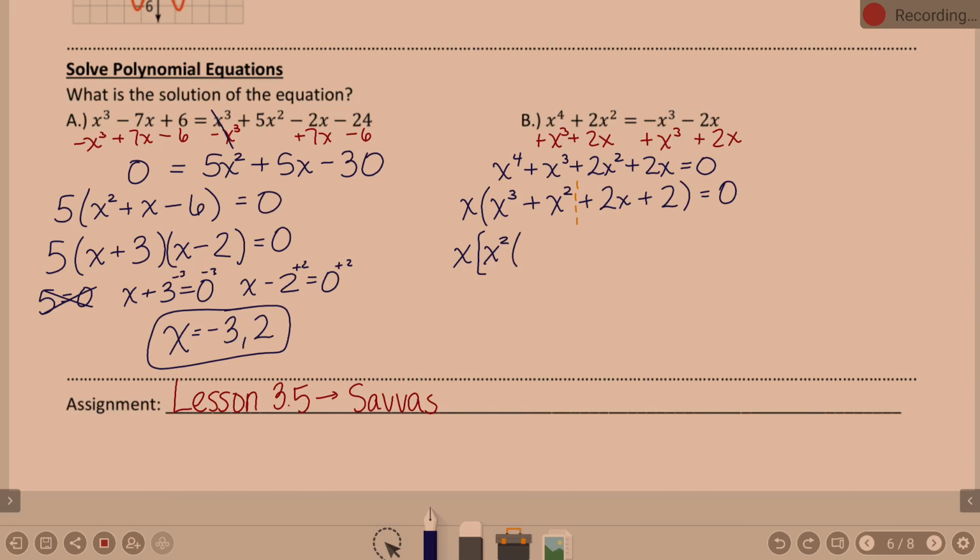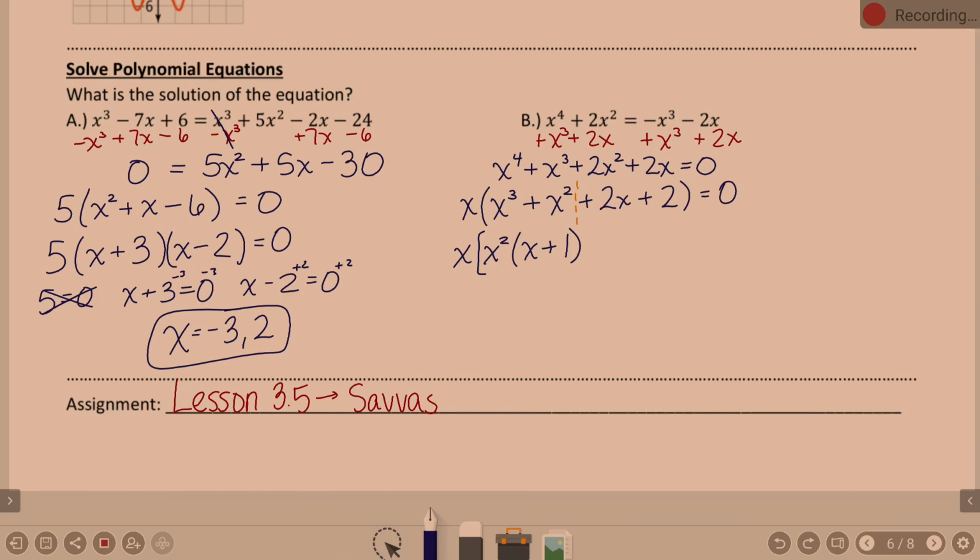When you have x to the third and you divide out x to the second, we're left with x plus x to the second divided by x to the second, 1. Not 0. Something divided by itself is 1. Now, repeat the process for the second half. GCF of 2x plus 2. 2.